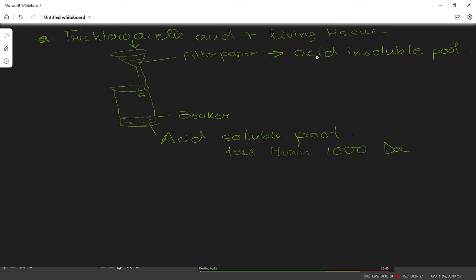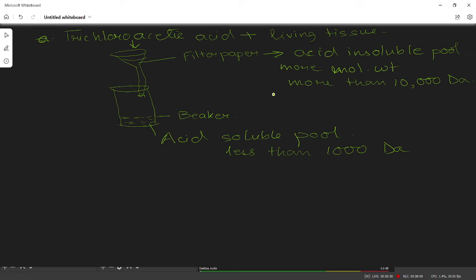And those which are detained in the filter paper, they are the acid insoluble pool, and they have a molecular weight which is more than 1000 Dalton or even more than 10,000 Dalton.